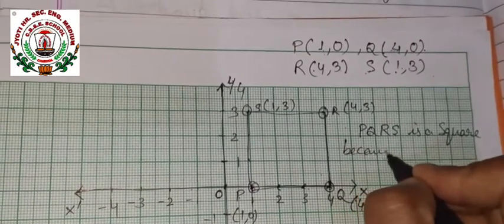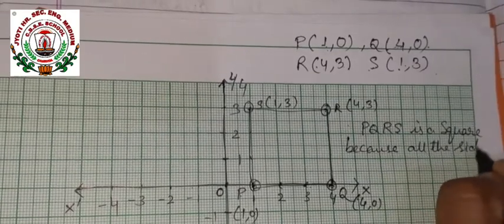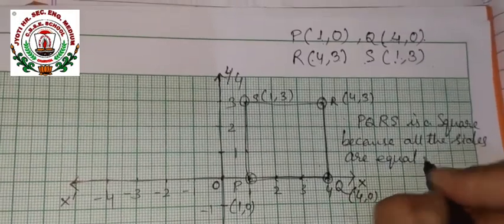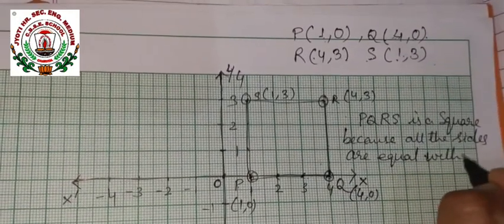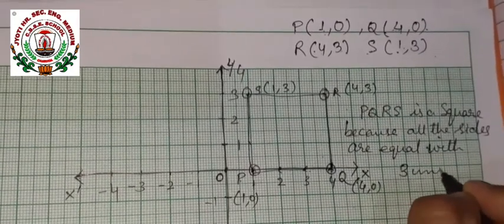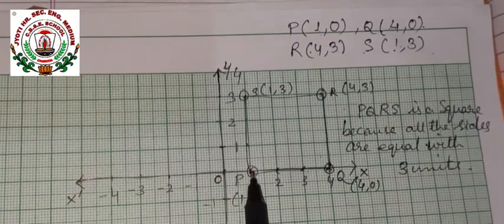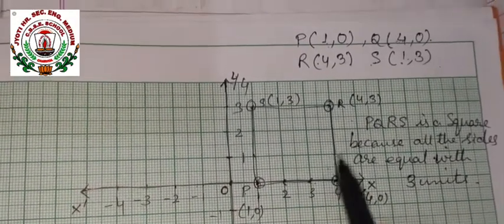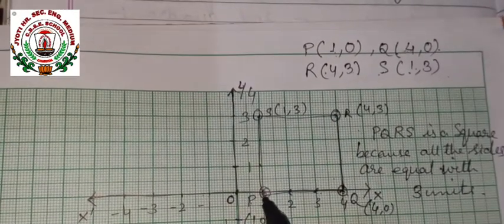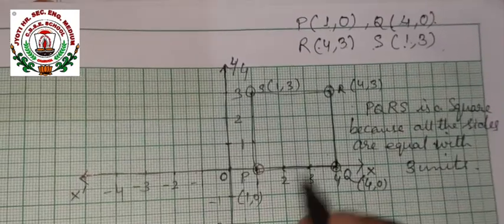What is the measurement? That is 3 units. Okay, each side is having 3 units. You can see 1, 2, 3. Here also 1, 2, 3. Here also 1, 2, 3. Here also 1, 2, 3. Okay, so each side is having 3 units. Clear? That's why it's a square.